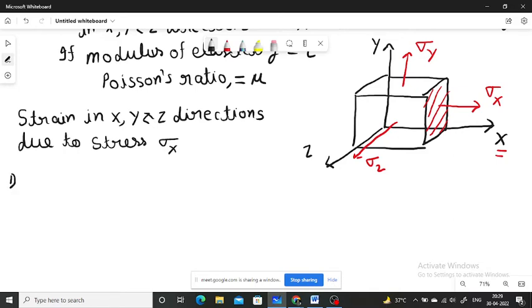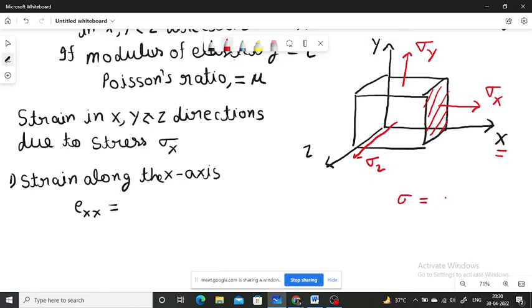Now first, strain along the x-axis. Exx will be equal to the... we know that stress is equal to the modulus of elasticity into strain.